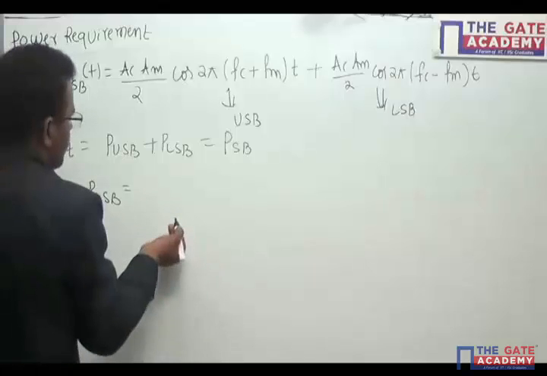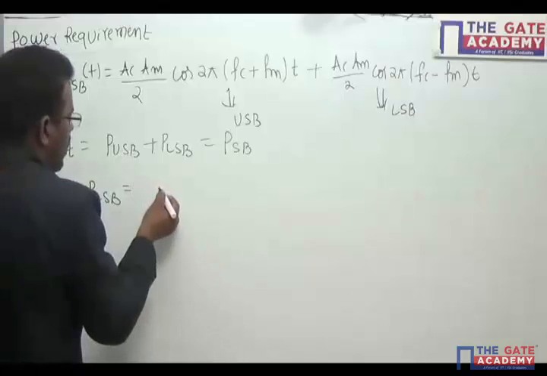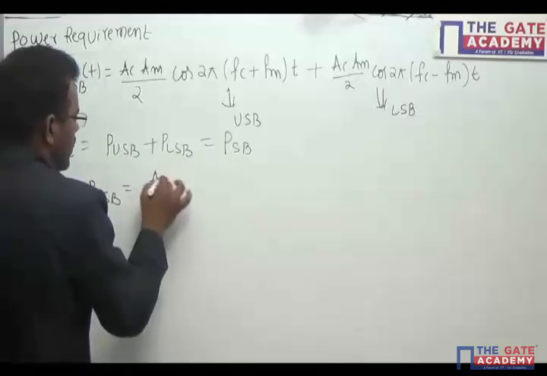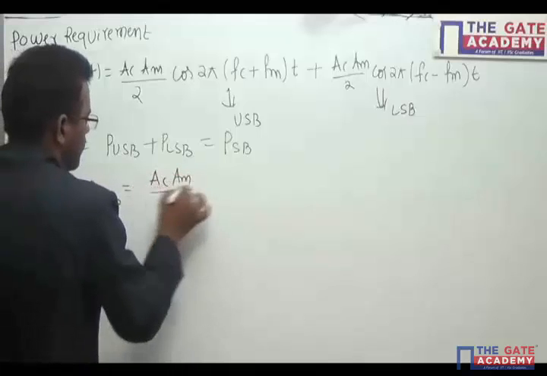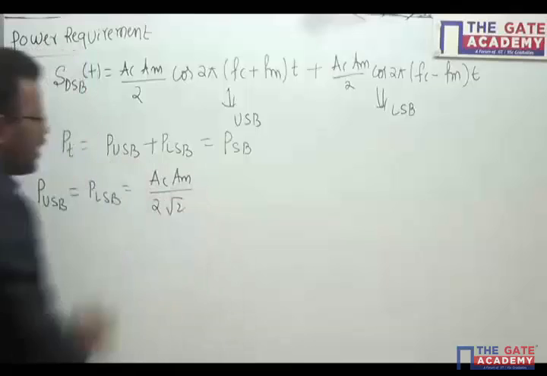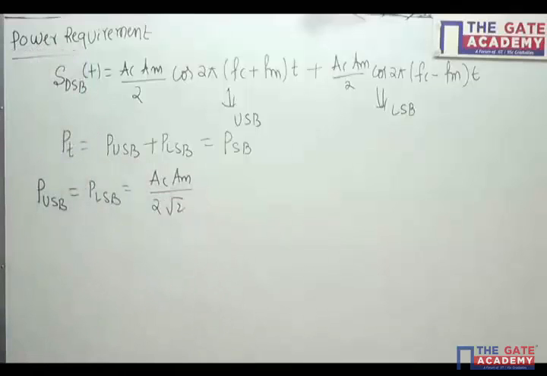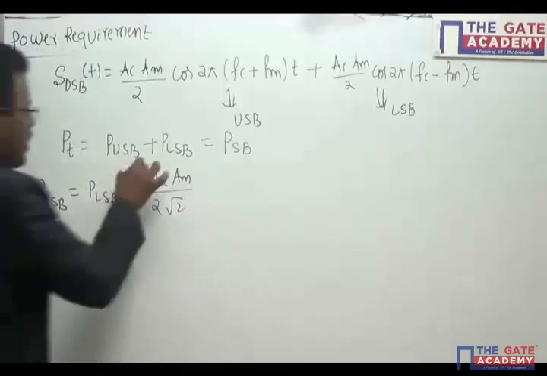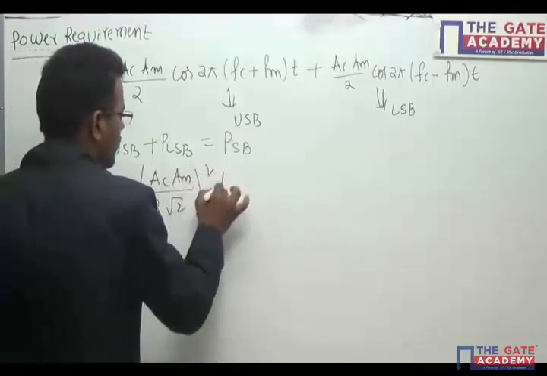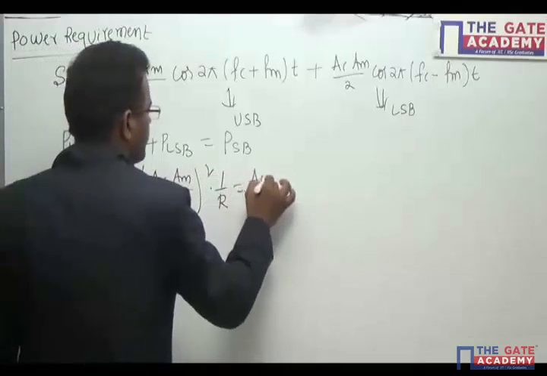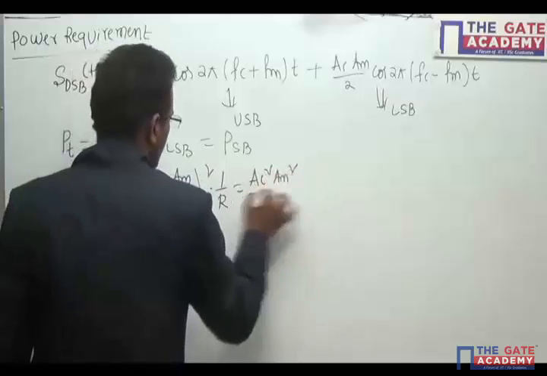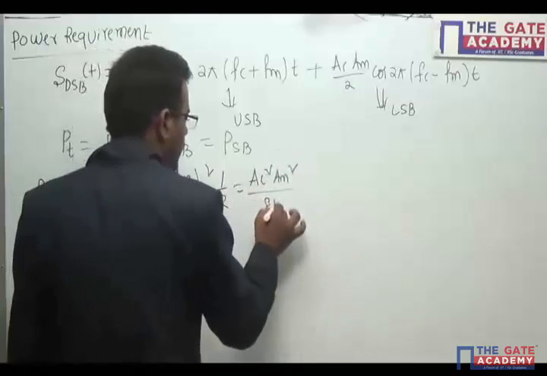How to calculate the power? It's the RMS value whole squared, times 1 by R. What is the RMS value? Take its amplitude divided by root 2. You will get the RMS value for either sine or cos, and square it into 1 by R. So what you will get? Ac square Am square by 8R.